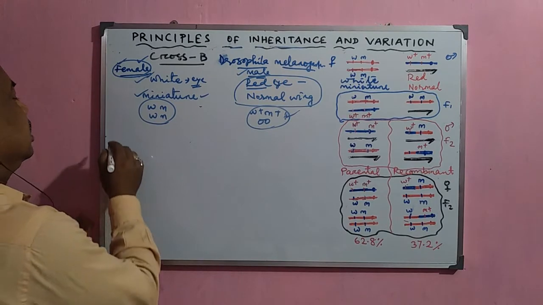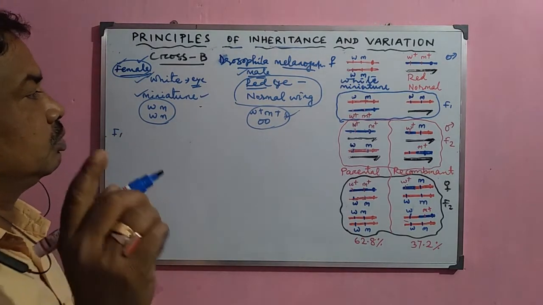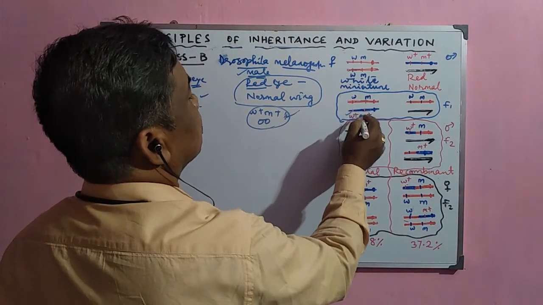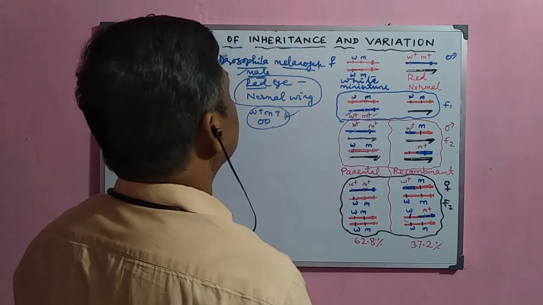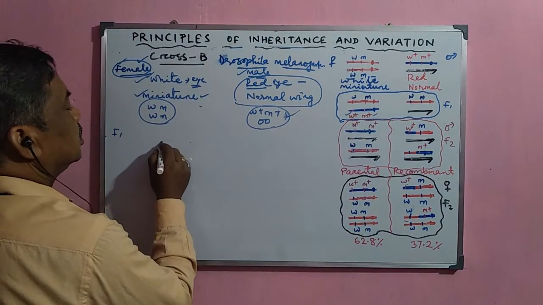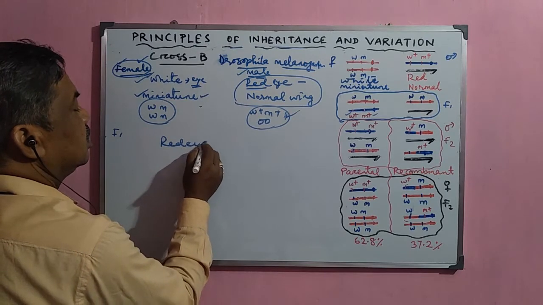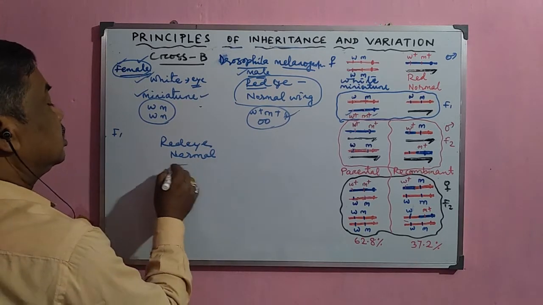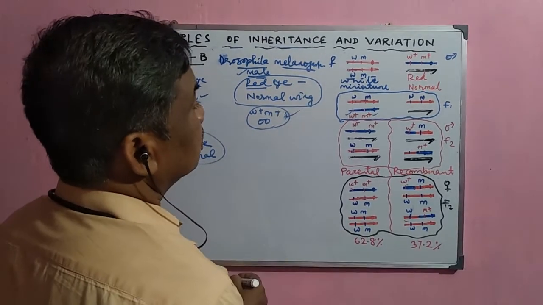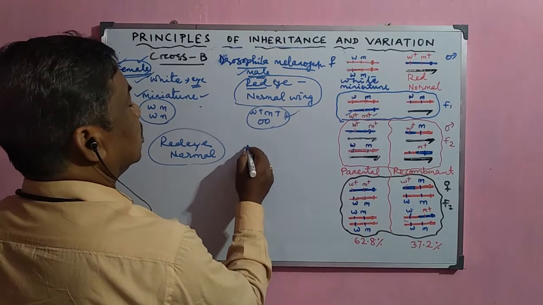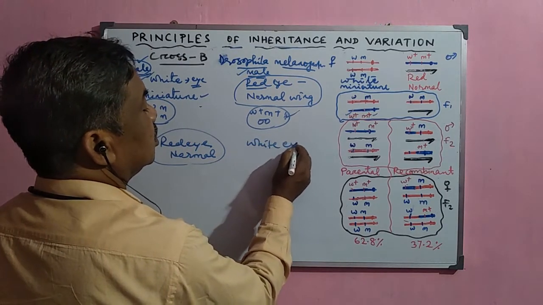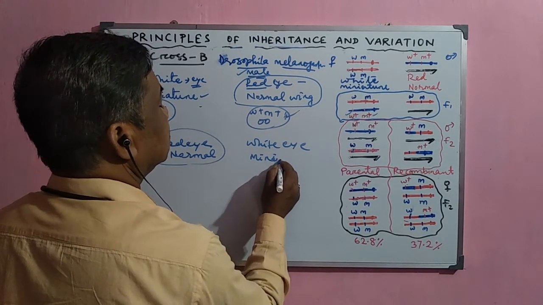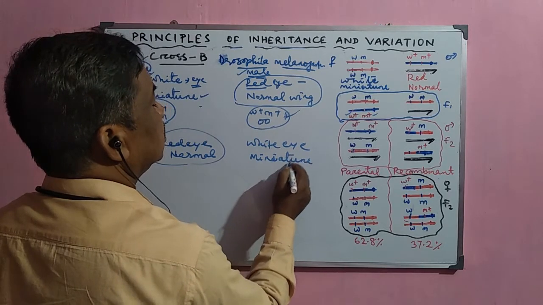Now in the F1 generation, what did he observe? He observed that the females are having red eye and normal wing, and the males he observed here are white eye and miniature wing.